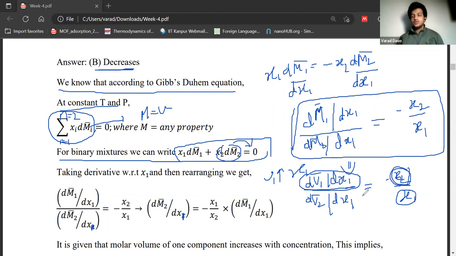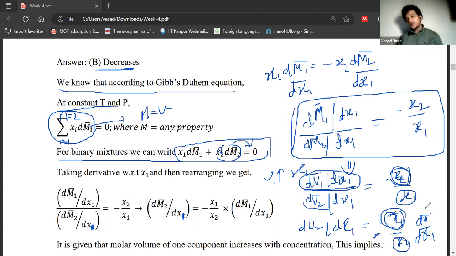Okay, that means if we rearrange it, what we get is dv2 bar by dx1 is equal to minus of x1 by x2 into dv1 bar by dx1, right? I just took this to this side and it's multiplied, right? So x1 is going to be positive, we have a negative here, x2 is going to be positive, and we are already given that dv1 bar by dx1, v1 is increasing with x1, so this is also going to be positive.